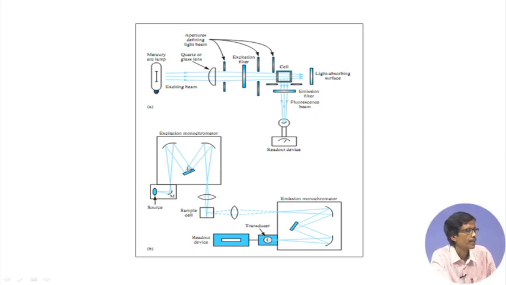The light can fall on the sample and the sample can be excited and emit the corresponding radiation at right angle, and the transducer manages the emission, which goes to the detector and ultimately to the readout device.